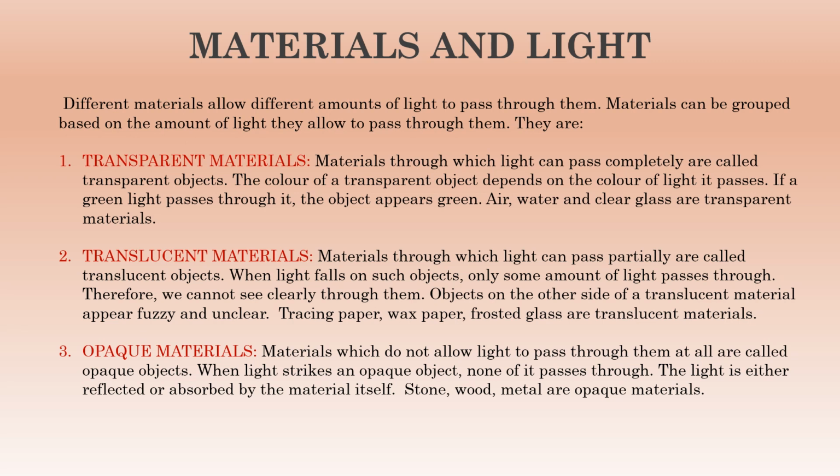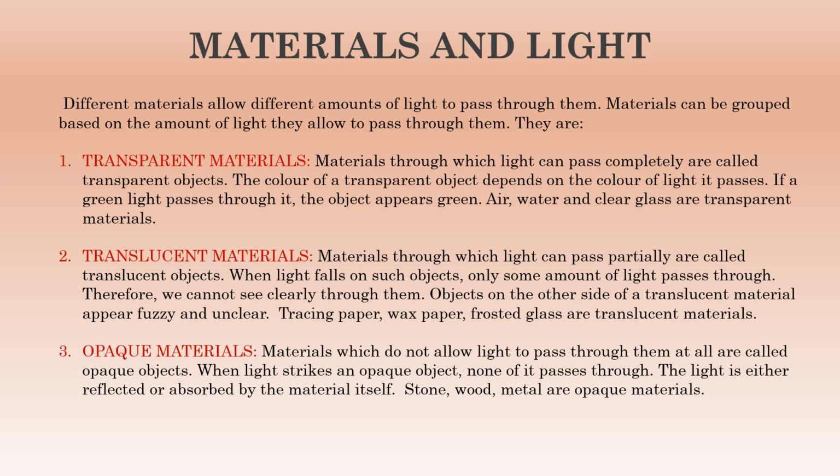The color of a transparent object depends on the color of light it passes. If a green light passes through it, the object appears green. Air, water, and clear glass are transparent materials.